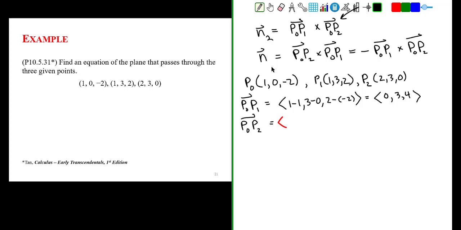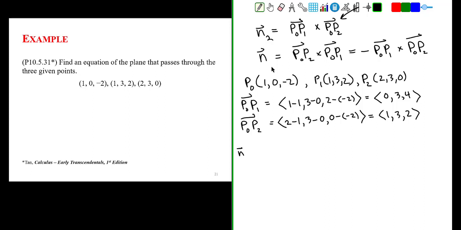So that would be 2 minus 1 for the difference in the x coordinates of points 2 and 0, 3 minus 0 for the difference in the y coordinates between points 2 and 0, and 0 minus negative 2 based off of the difference in the z coordinates of points 2 and 0. This means that the vector from point 0 to point 2 is given as 1, 3, 2.